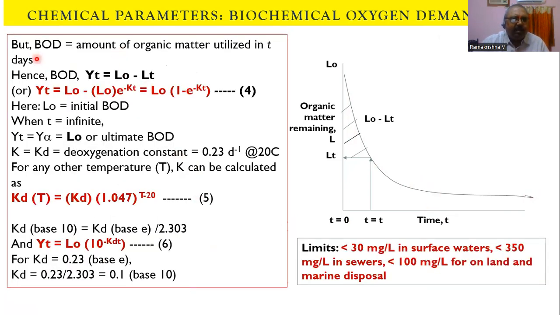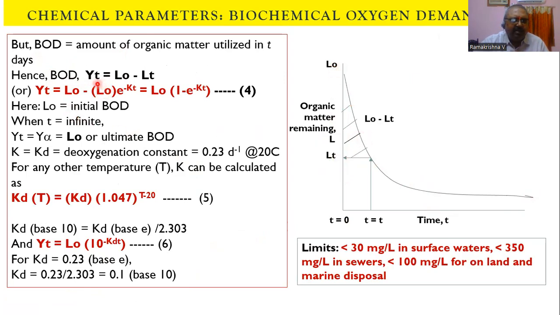So BOD is, at the end of some fixed period of time, how much oxygen is reduced. At the end of t, this is the value; initially it is this. How much oxygen is consumed in this period? L naught minus Lt. That is nothing but your BOD.